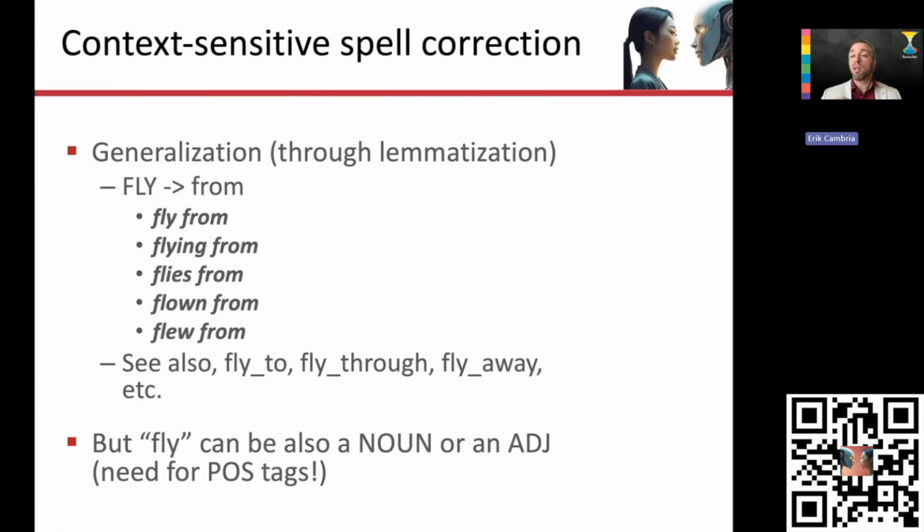So it's still a matter of probability, but it's slightly more complicated than Levenshtein distance and Jaccard coefficient, because I need to model the context.